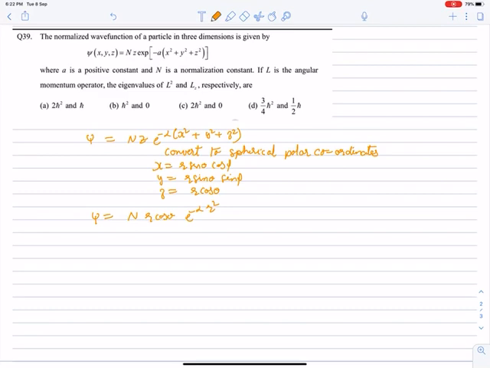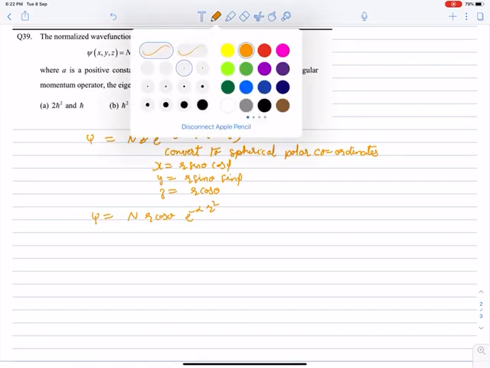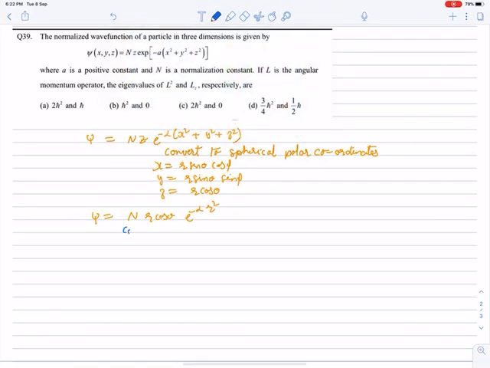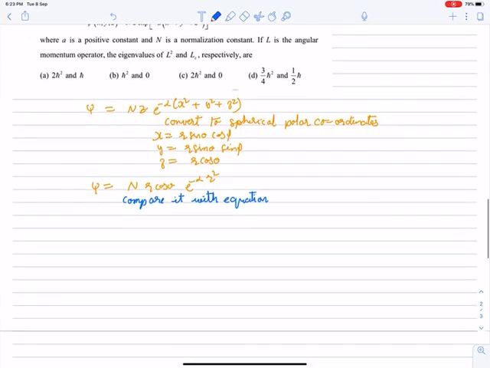Now from here I can compare it with the equation Y l m (theta, phi) times some constant.